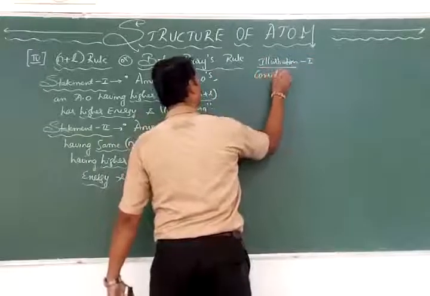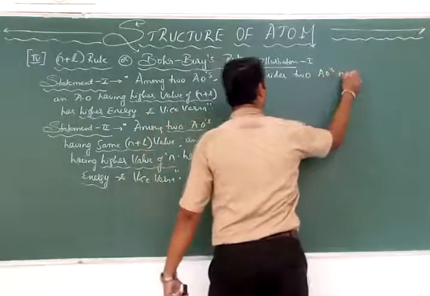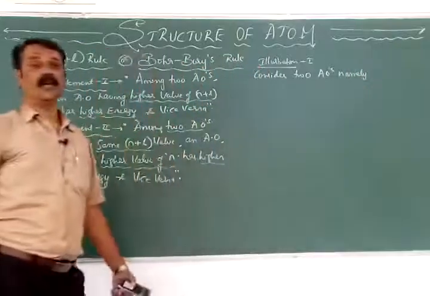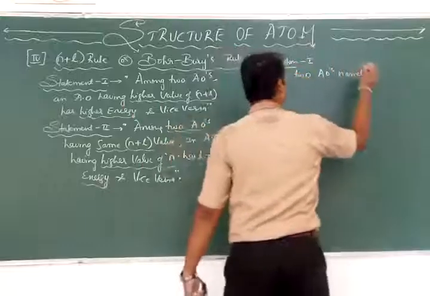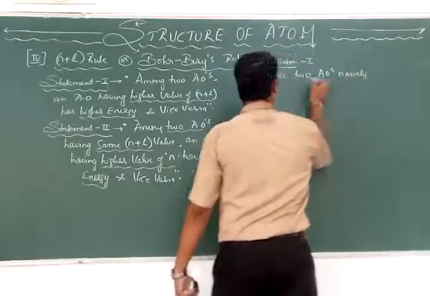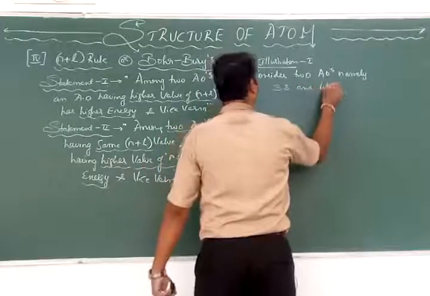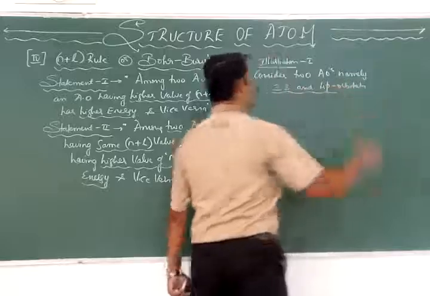Consider two AOs, namely 3s and 4p orbitals. We are considering the two orbitals.